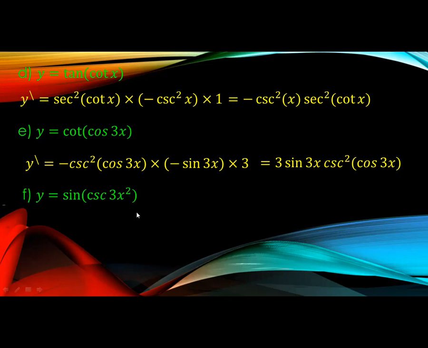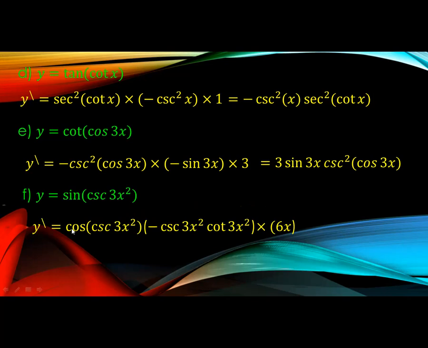Next exercise, letter F, y equals sine of cosec (3x power 2). The first derivative of sine is cosine of the same angle, cosec (3x power 2), multiplied by the derivative of the angle cosec (3x power 2).